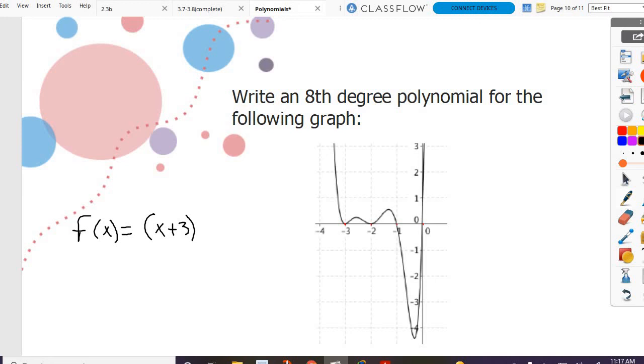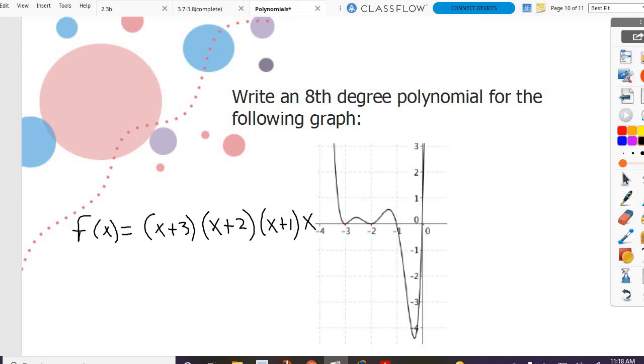Agreed? Okay, so if x equals -2 is an answer, what would our factor be? x plus 2. And if x equals -1 is a 0, what would our factor be? x plus 1. And then if x equals 0 is a 0, what else do we have to have? Just an x. Okay.